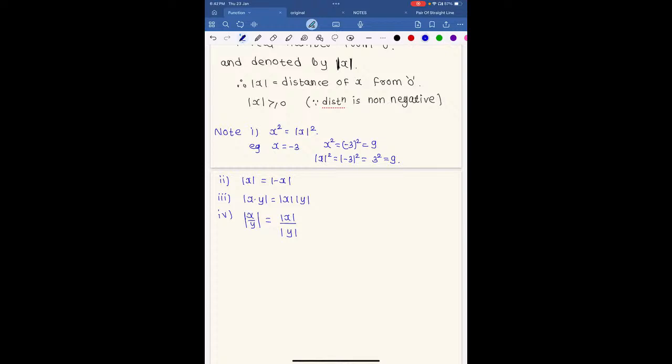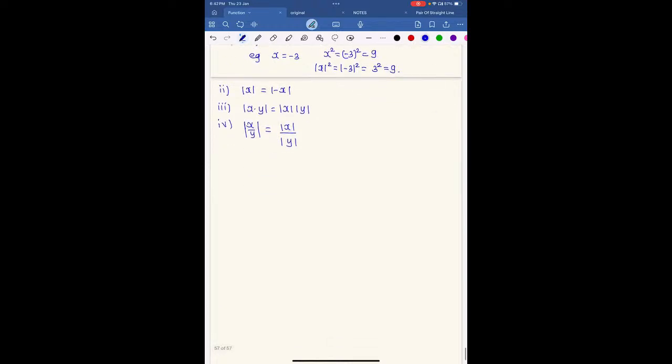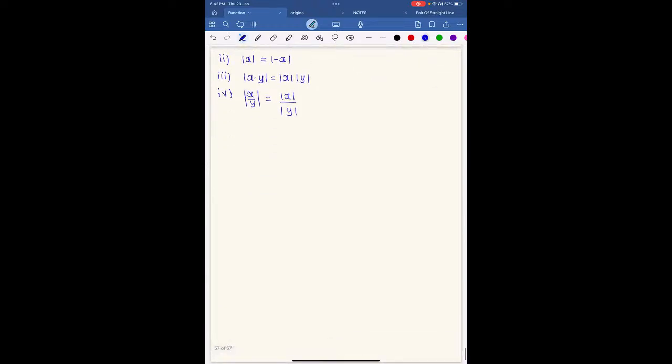Okay. Now we'll see absolute value as a square root function. Absolute value as a square root function.